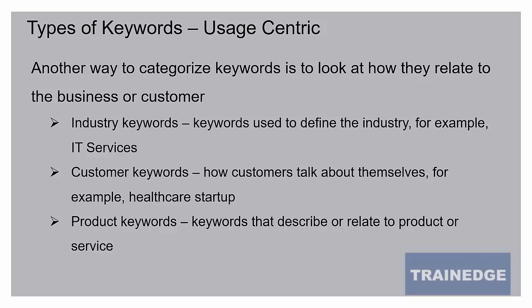For example, I'm a healthcare startup, so I want my product developed. I might say software development for healthcare startups. That's a customer centric keyword because that is how customers talk about themselves. Then there could be product keywords, keywords that describe or relate to a product or service. So this is another way to categorize keywords.